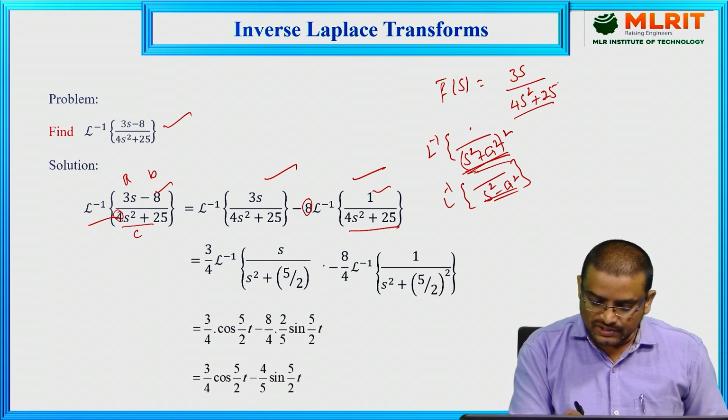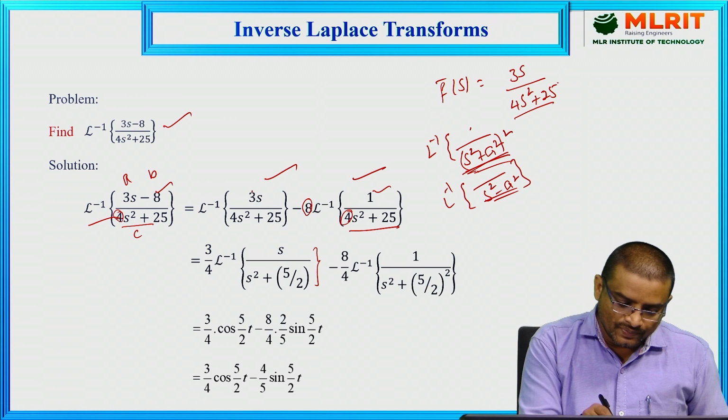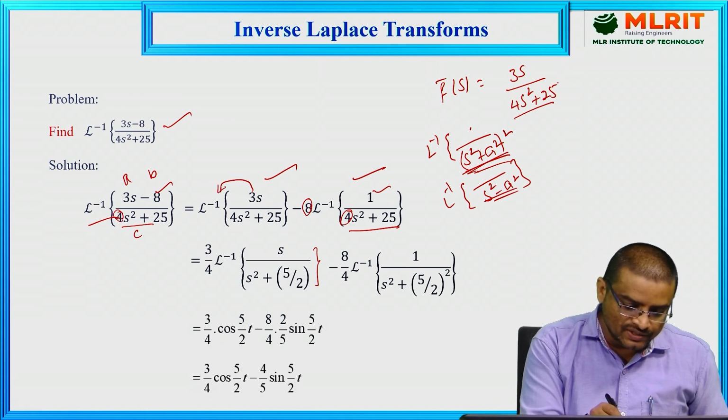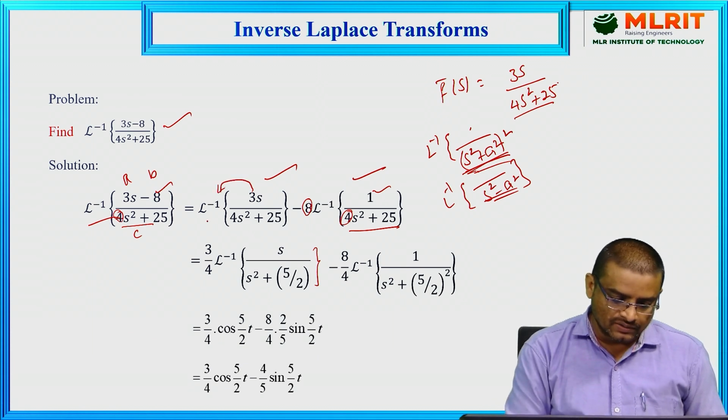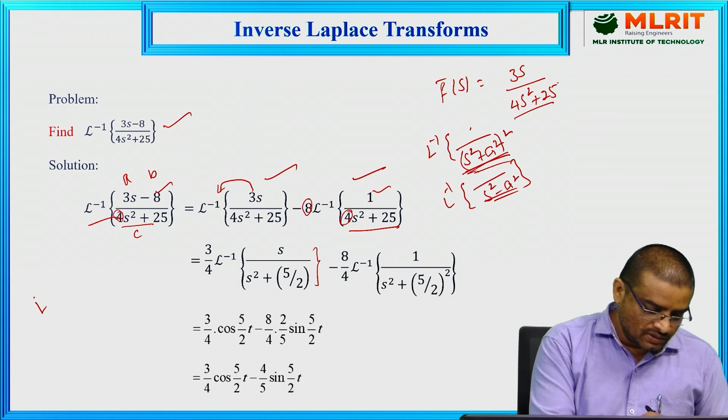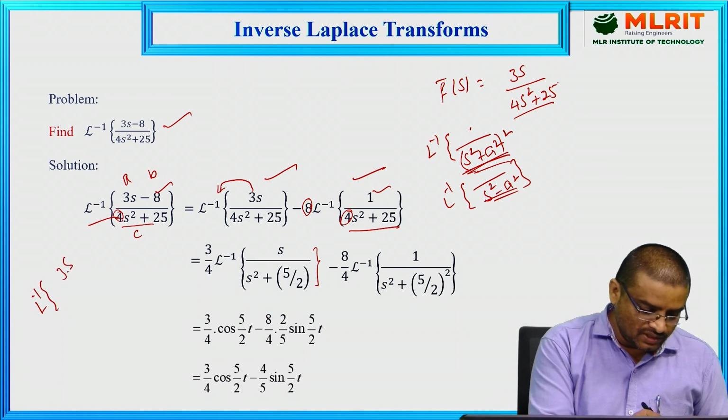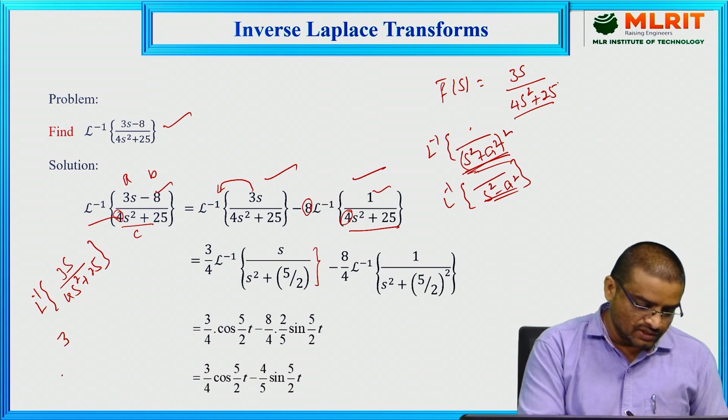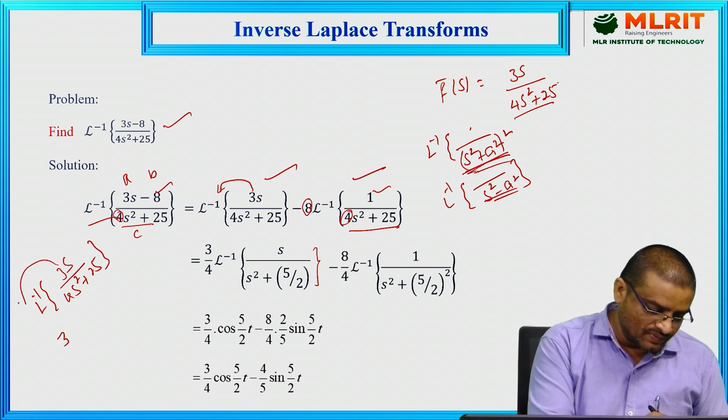As we discussed, I want to take 4 common from the denominator. In the numerator we already have 3, which is a constant, so take that 3 outside the inverse.